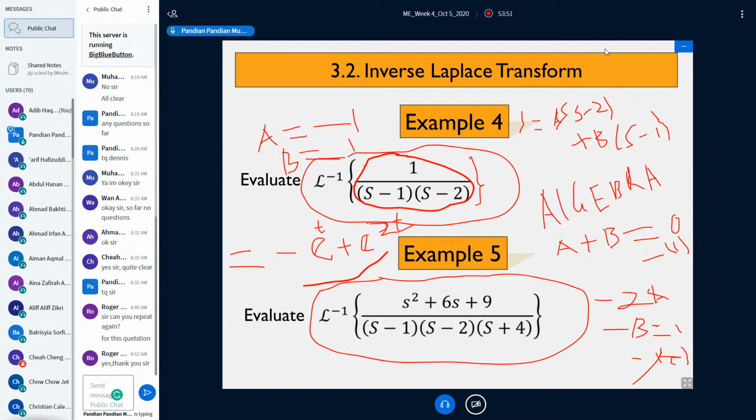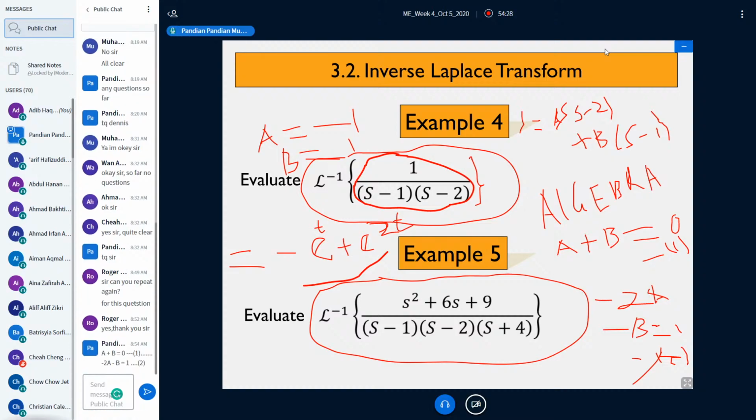And then minus 2A minus B equals 1. So you call this equation 2.